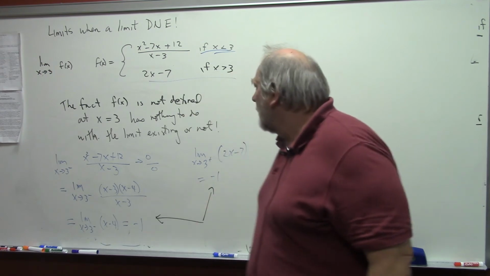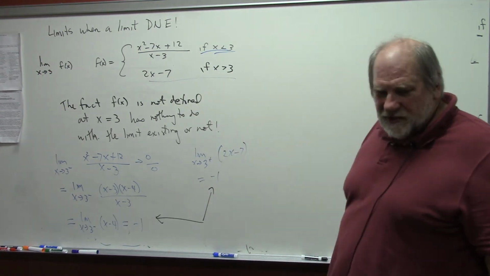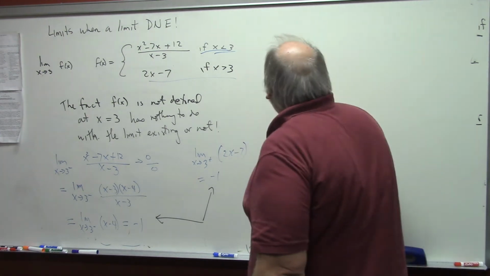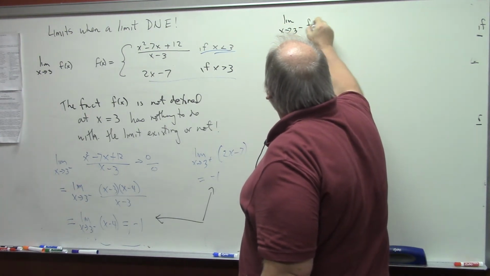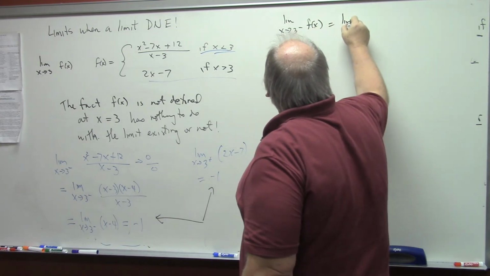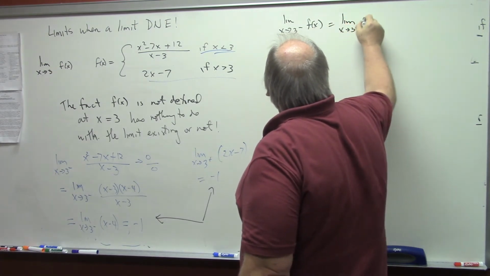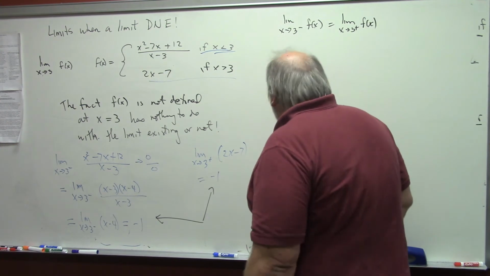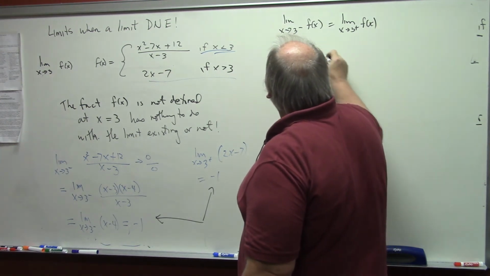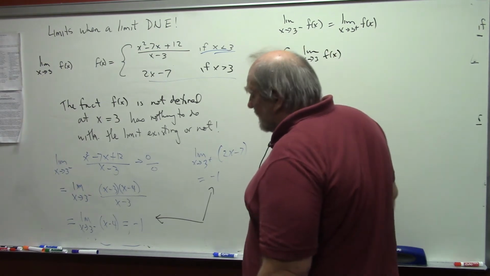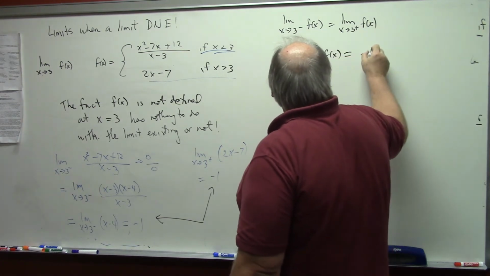And so, based on the theorem that I just erased, since the limit as x approached 3 from the left was equal to the limit as x approached 3 from the right of the function f of x, so the limit as x approaches 3 actually does exist in this case and equals -1.